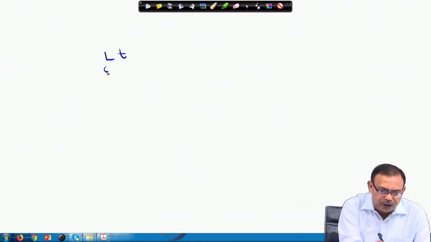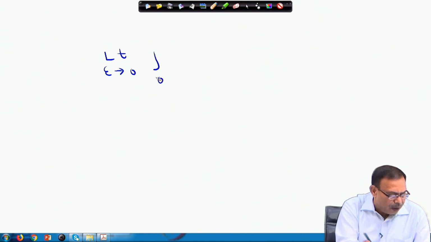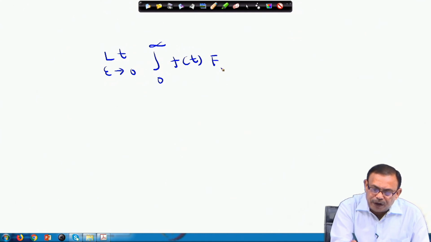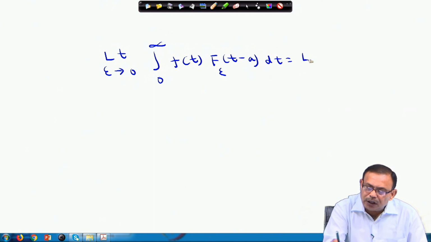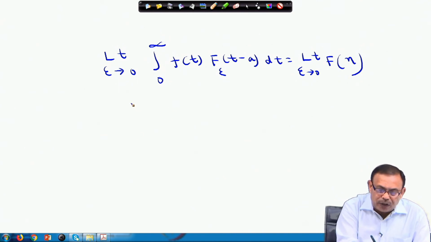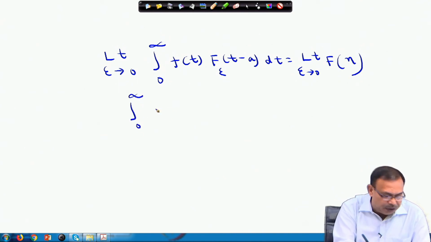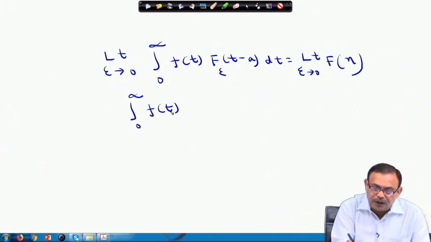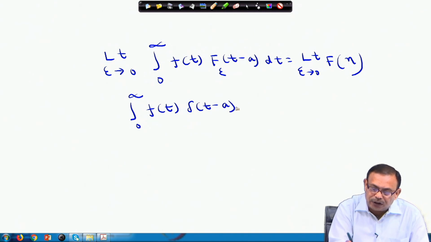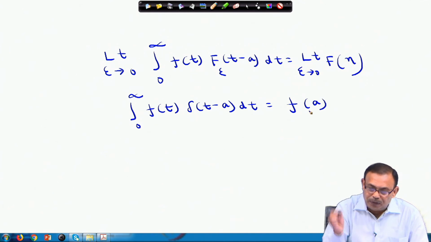Now, you see, the limit as epsilon approaches 0 of the integral from 0 to infinity of f t into f epsilon t minus a dt is nothing but the limit as epsilon approaches 0 of f of eta, as I told you. So, from here you can write the integral from 0 to infinity of f t into delta t minus a, the Dirac delta function, dt, which equals f a.